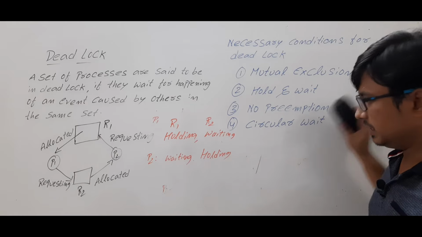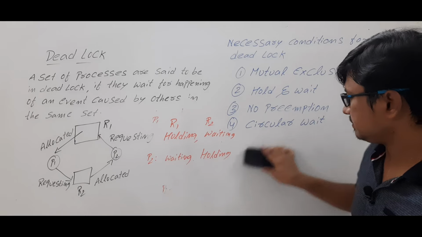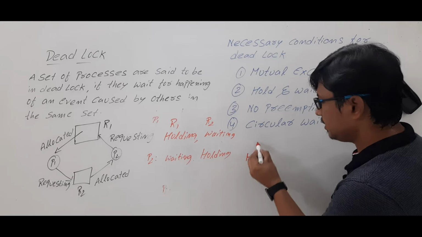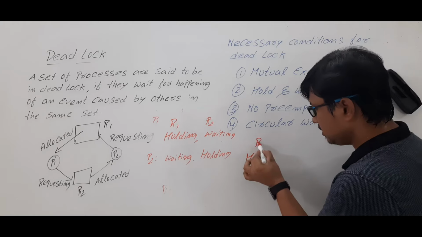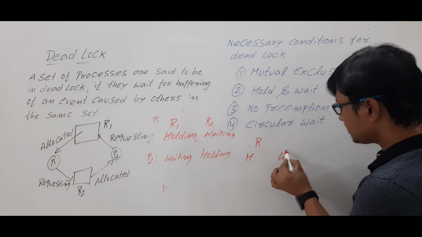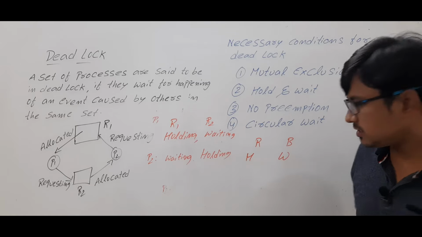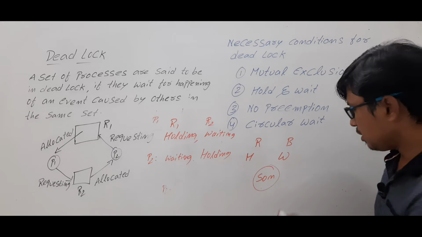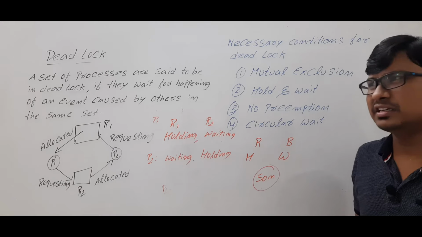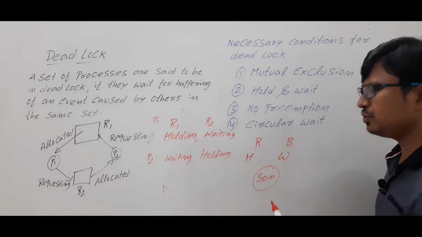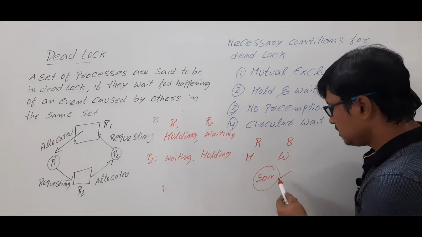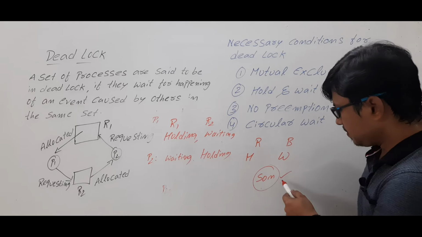Now no preemption. No preemption means, now let's take that the husband is holding the remote and the wife has the battery. Now let's take that the son came. The son wants to watch something, let's say some YouTube movie or a short film.